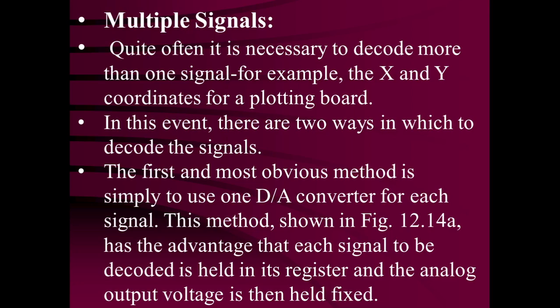And there are two different methods for decoding these multiple signals. The first and most obvious method is simply to use one D to A converter for each signal. This method, shown in figure 12.14a, has the advantage that each signal to be decoded is held in the register and the analog output voltage is then held fixed.